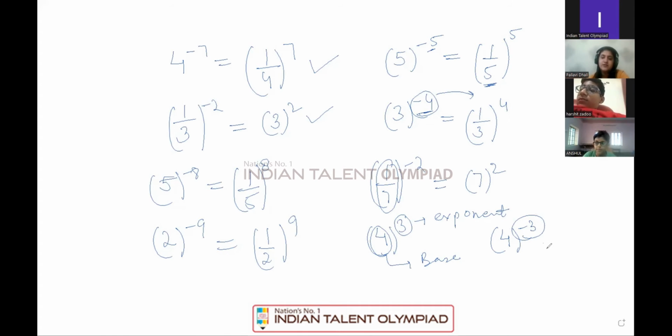To make it positive, we are going to take the reciprocal of the base. What is the reciprocal of 4? Can you tell me, Anshul? 1/4. And the power will be 3. Are we good here, everyone? Yes, ma'am.